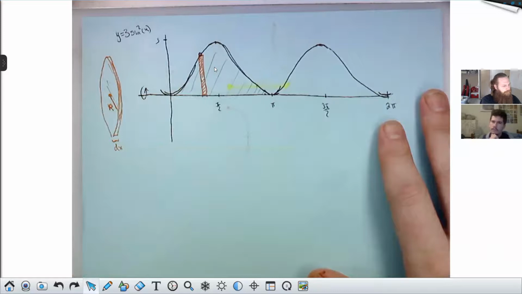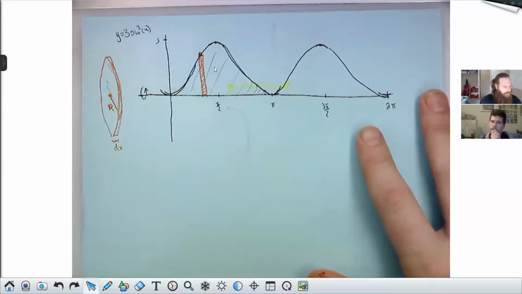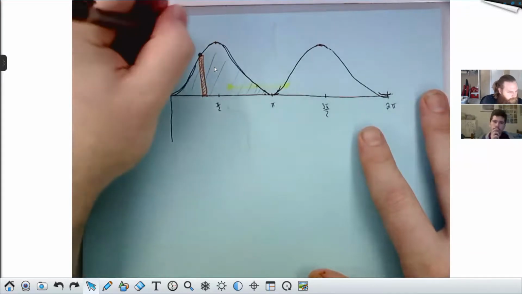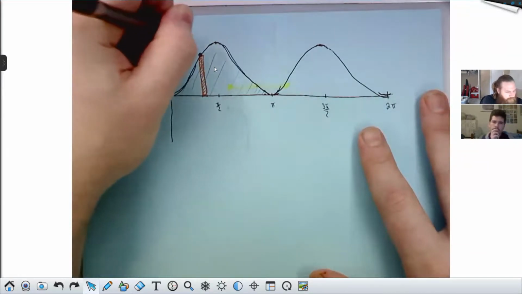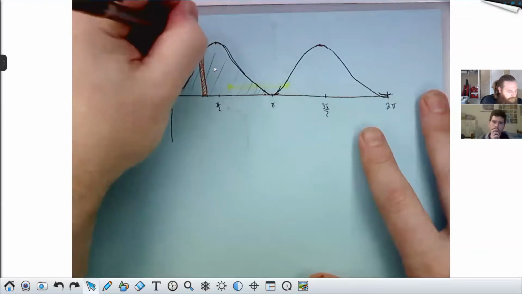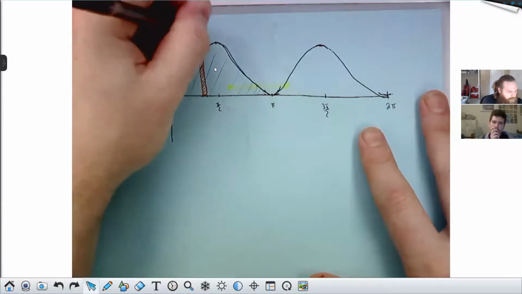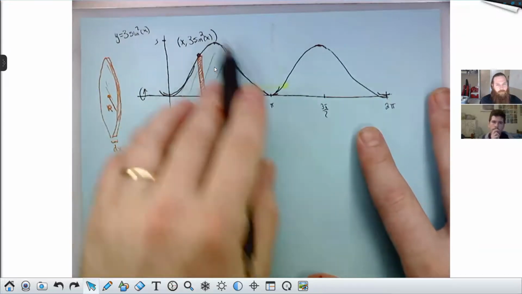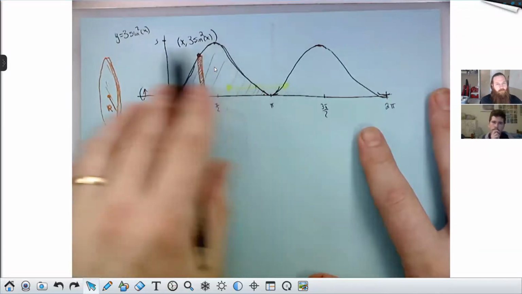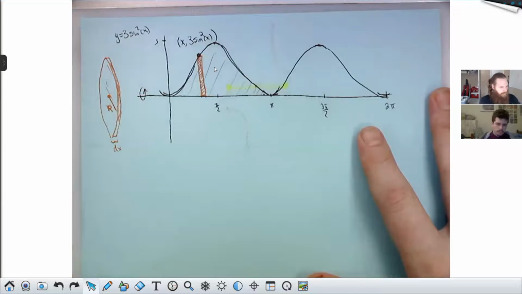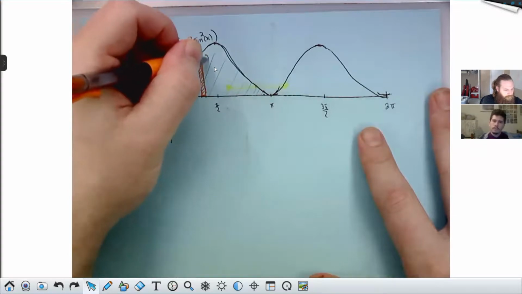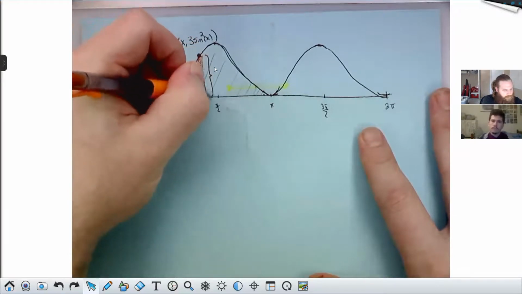Okay, and so big R would be 3 sine squared x, right? Or would it just be 1? Not quite. So let's characterize the point up here. This point along the graph is x comma 3 sine squared x, because the point along the graph y equals f of x is always x comma f of x. So the radius R is the distance from the far end of the strip to the axis of rotation.